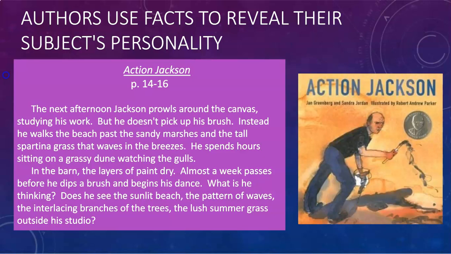He spends hours sitting on a grassy dune watching the gulls. In the barn, the layers of paint dry. Almost a week passes before he dips a brush and begins his dance. What is he thinking? Does he see the sunlit beach, the pattern of waves, the interlacing branches of the trees, the lush summer grass outside his studio?